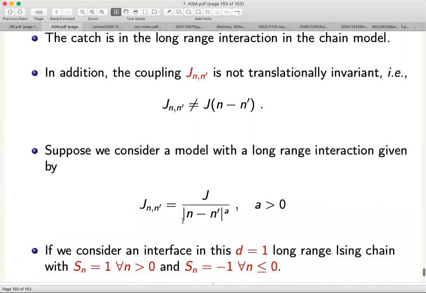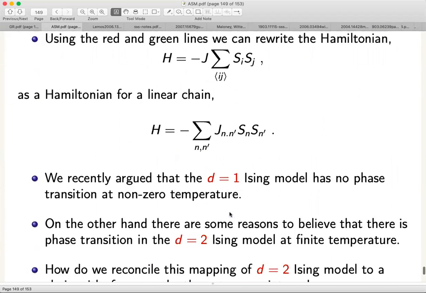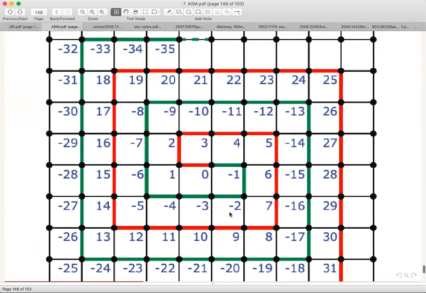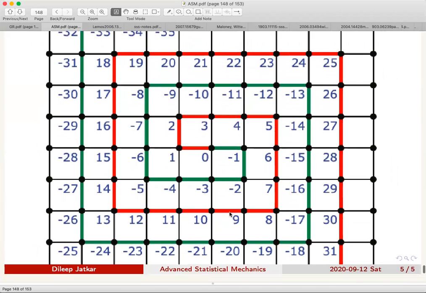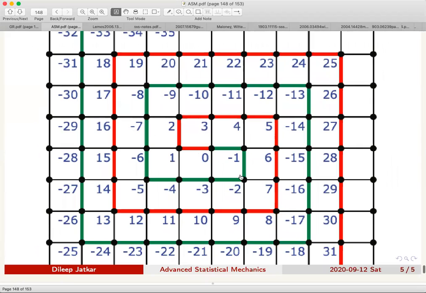So if you take J of n minus n prime to fall off as a cube, that model cannot exhibit phase transition in the chain. That is a point I wanted to get at before starting to do the 2D Ising model. This was more of a pretext to talk about the long range model, and not so much about attempting to solve a model in this form. In fact, we are not even going to do something like that.